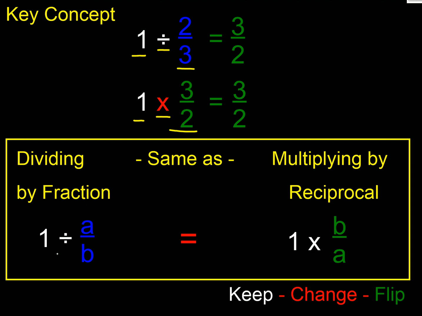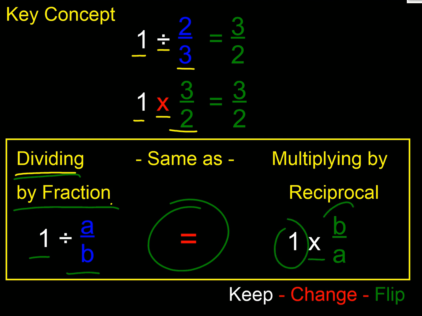Now that's written out here below it, that if I want to divide by a fraction, 1 divided by a over b, I'm going to get the same answer as if I had 1 times b over a, where b over a is the reciprocal of a over b. Now this is often called keep, change, flip, because we kept the 1 unchanged. We changed the division to a multiplication, and we flipped the fraction from a over b to b over a. So it's called keep, change, flip.